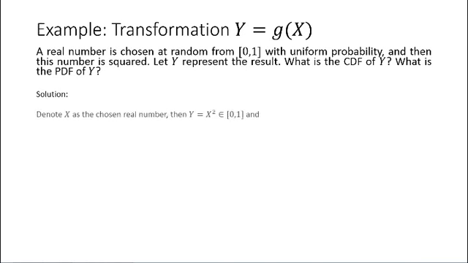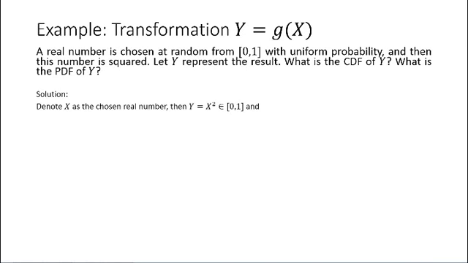To solve this problem, we denote X as the uniform random variable. Then Y equals X squared, and it appears that Y also lies between 0 and 1. The CDF of Y, by definition, is the probability that Y is less than or equal to small y.